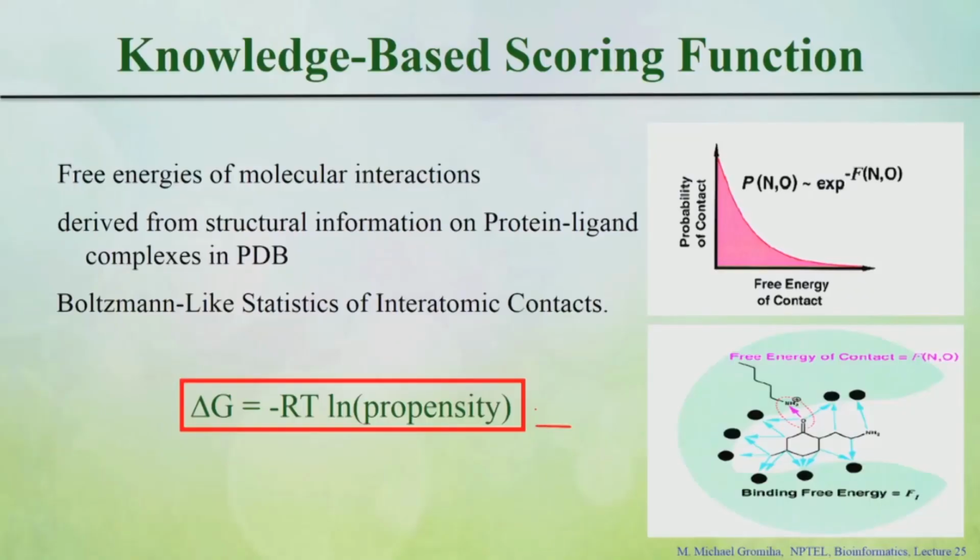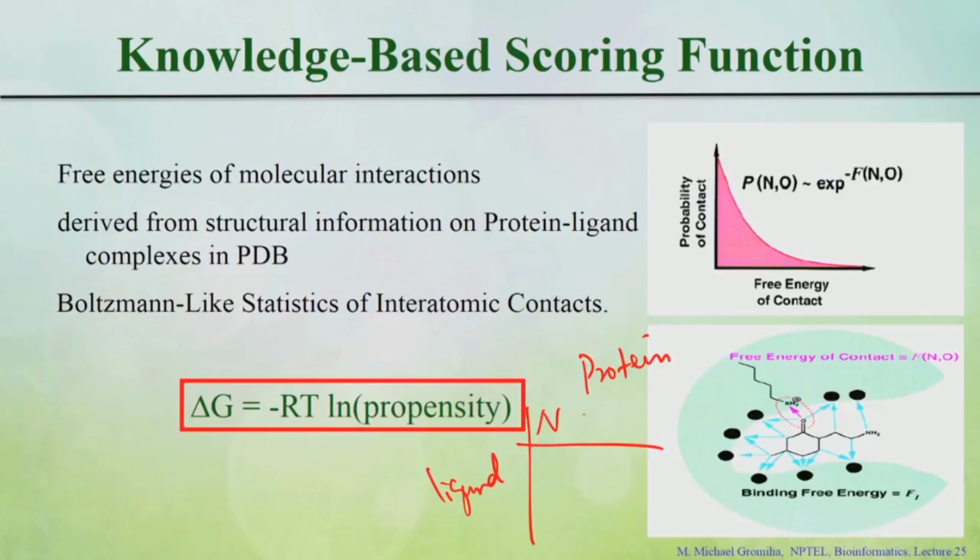They make a matrix, one side is for the protein, the other side is for the ligand, and see the probability of contacts between two atoms. What are the different atoms in protein?